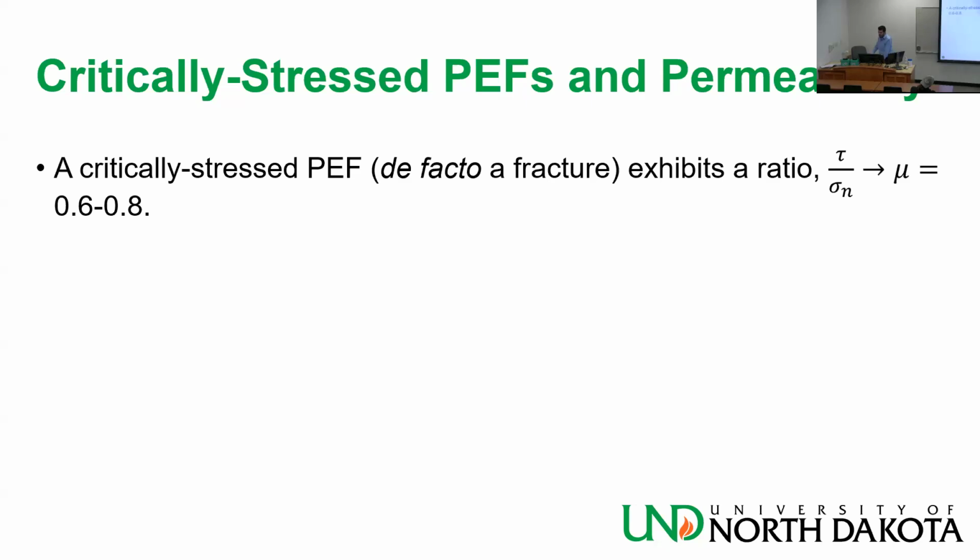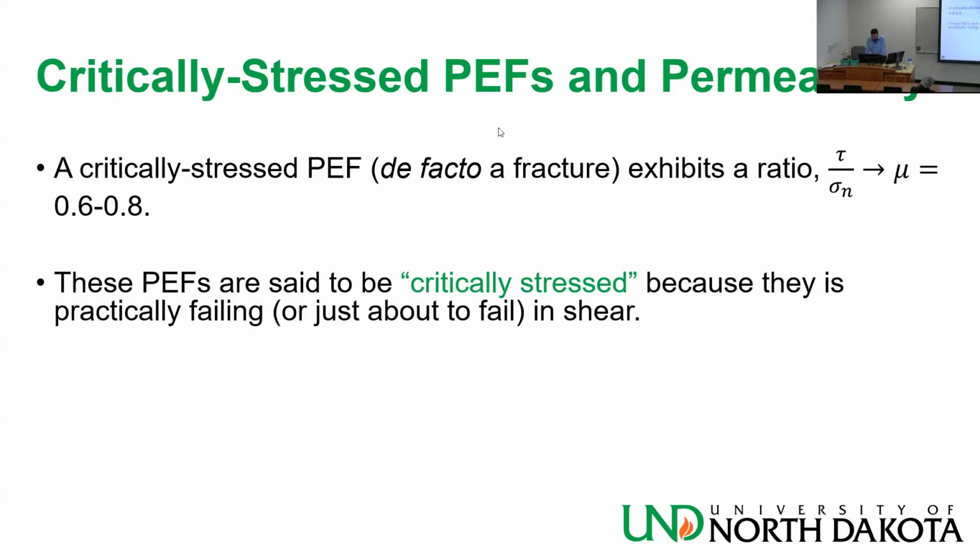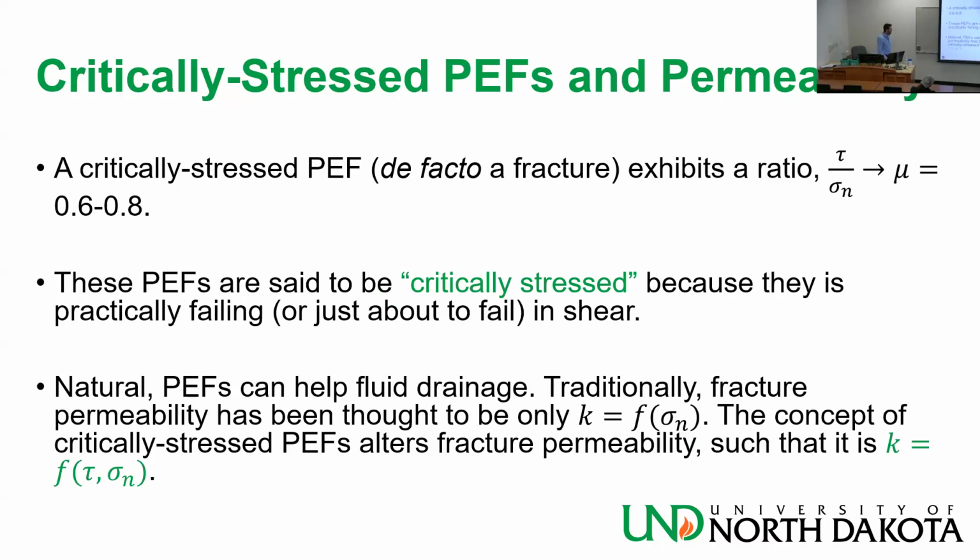We have already said that, it shouldn't be new. These pre-existing faults are said to be critically stressed because they are practically failing or just about to fail in shear. So it's very easy to make them fail. They are just about to reactivate, slip basically.